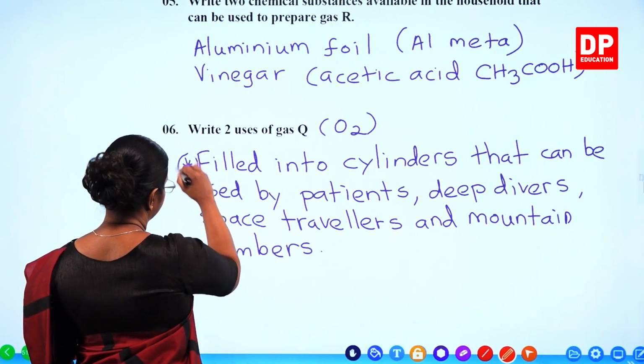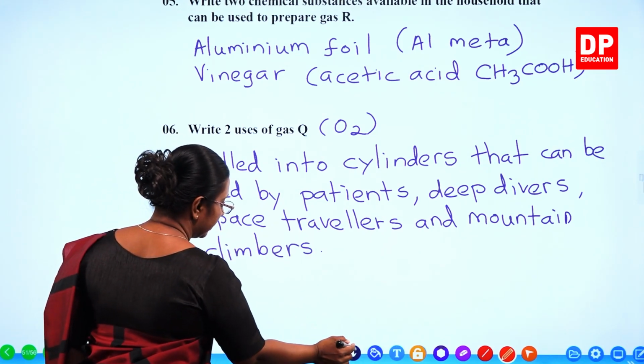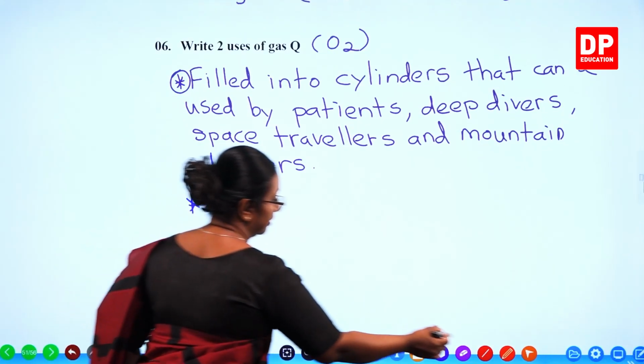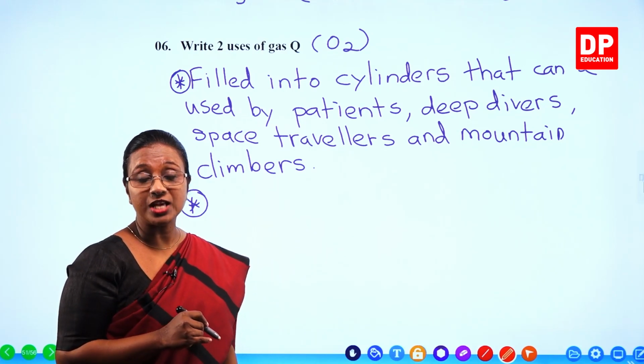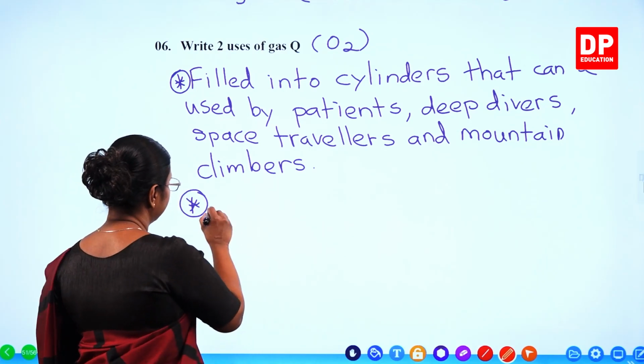That is one. Then if you like, you can tell about the combustion. I will write the manufacture of sulfuric acid and nitric acid.